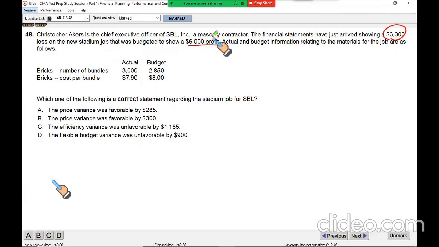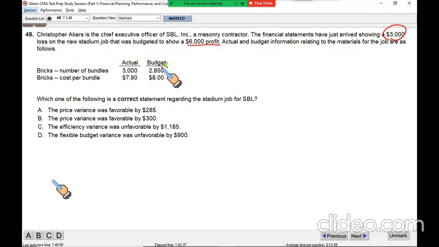Now, this is something disturbing. We took a contract and we thought that there would be a $6,000 profit, but instead of profit, there is a loss. Actual and budgeted information relating to the material for the job are given below. Bricks, number of bundles, 3,000.